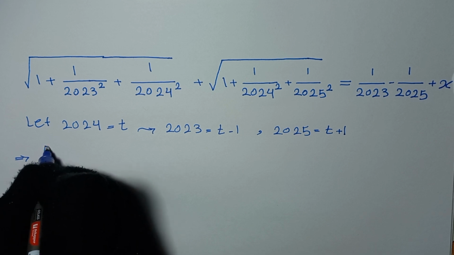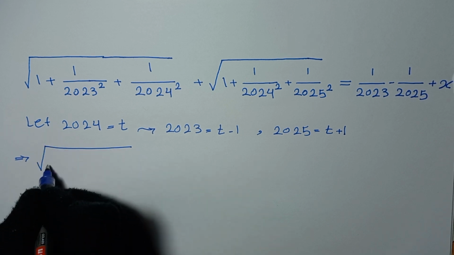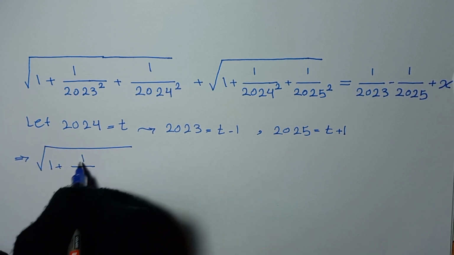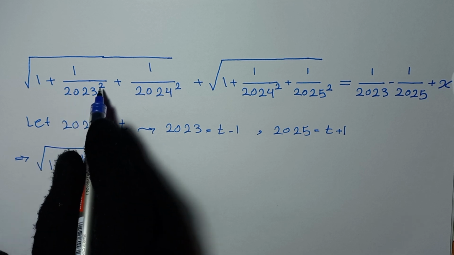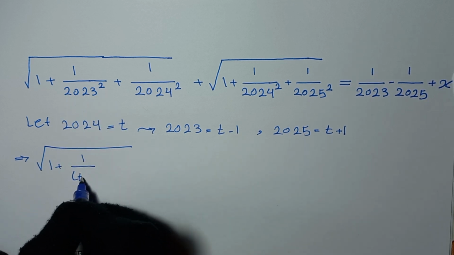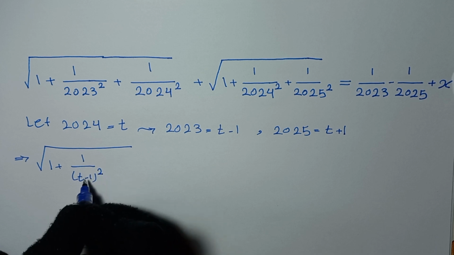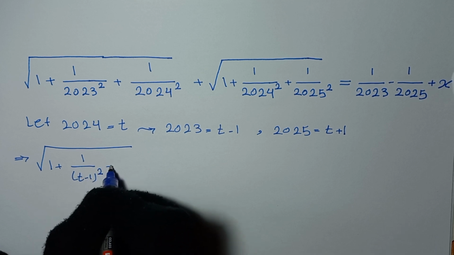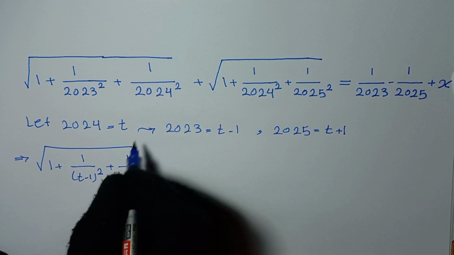square root of 1 plus 1 over 2023 to power of 2. It will be t minus 1 to power of 2, and plus 1 over 2024 to power of 2.